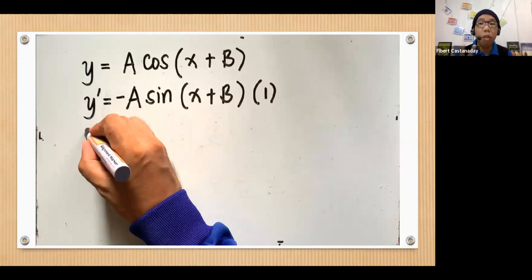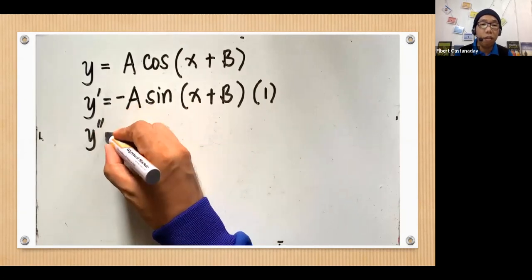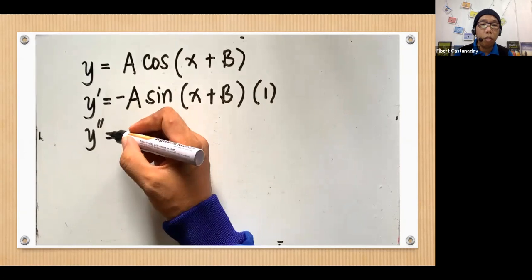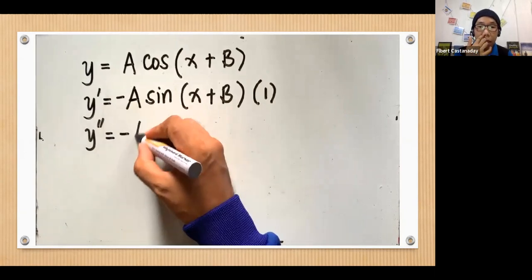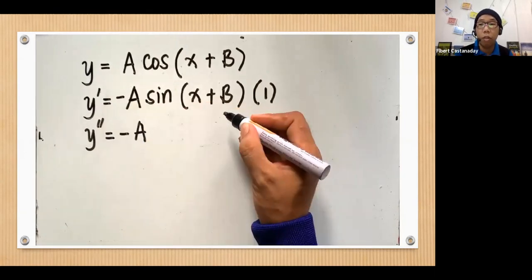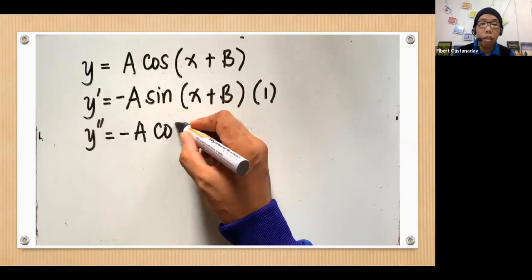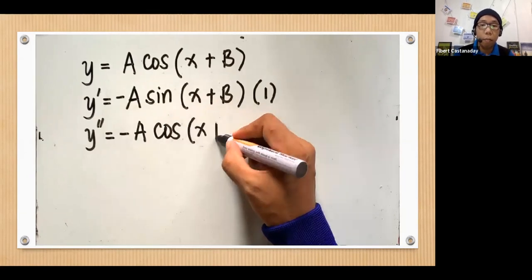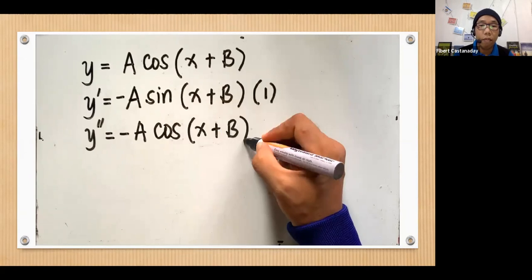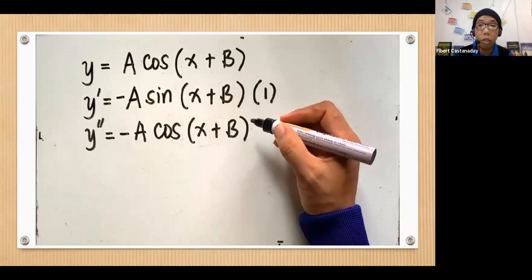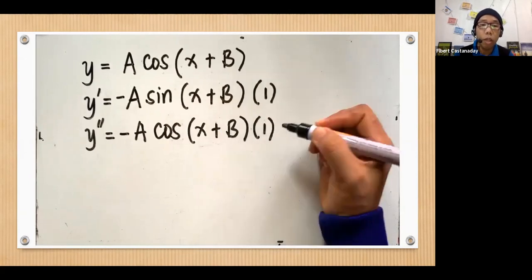Now, this is the result of first differentiation. So we have 2 arbitrary constants. It means that we are to differentiate twice. So the second derivative of y is equal to, you copy negative a and then differentiate sine, and that is equal to cosine of x plus b. And differentiate again x plus b, that is equal to 1.